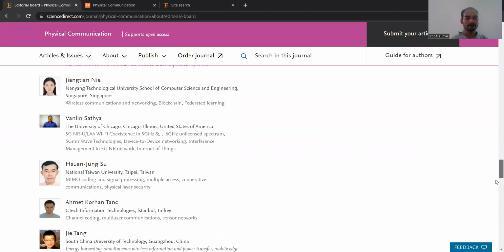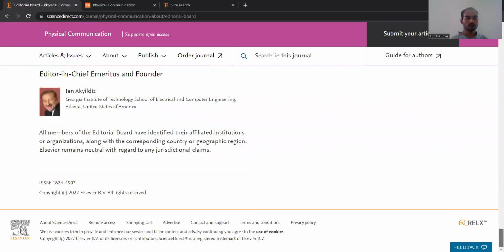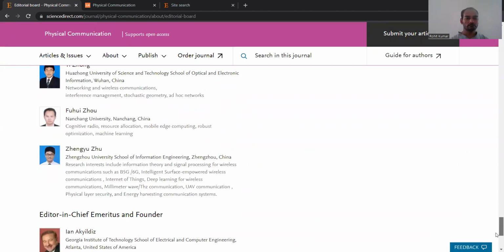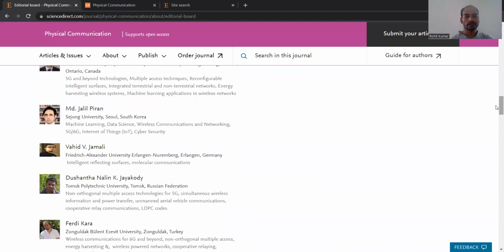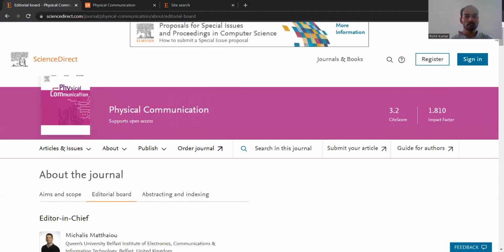It's quite a long list, around 40 to 45 editorial board members in total. The editor-in-chief emeritus and founder is Jan Fledis, a very famous author in his domain. So obviously, as I'm saying repeatedly, don't judge a journal just by looking at the impact factor.